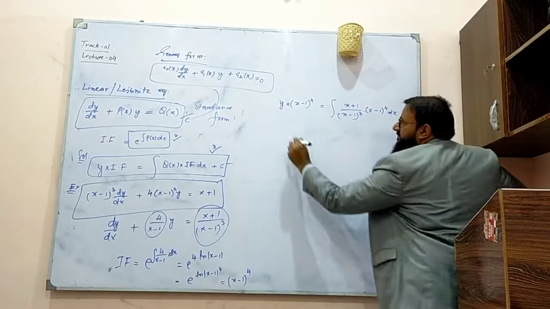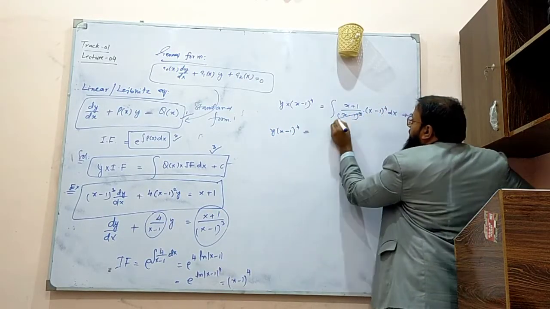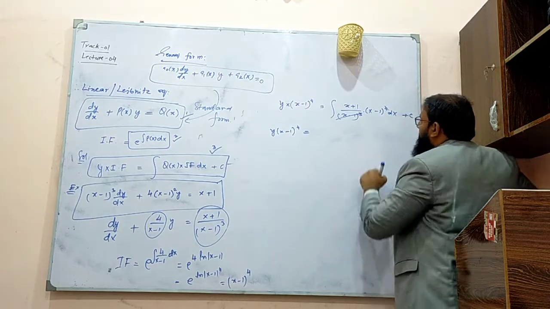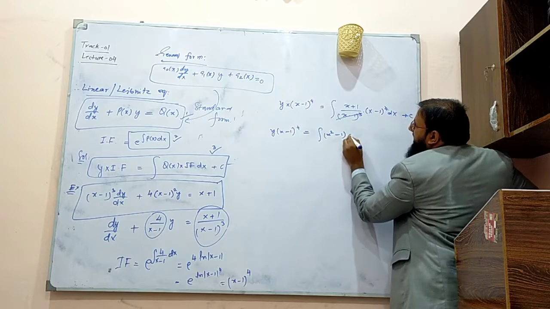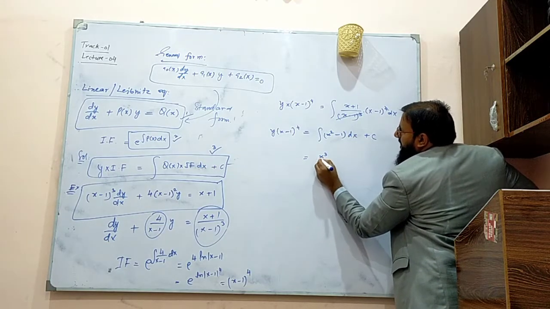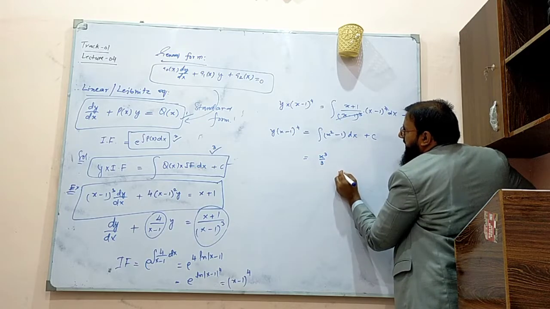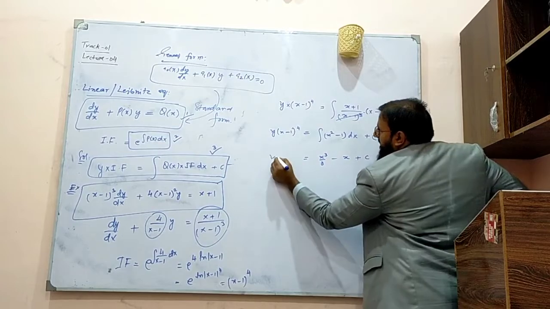Just solve these. So y times (x minus 1) whole power 4, you can see these are cancelled out, x squared minus 1, by applying the difference of two squares. Then this becomes x cube upon 3 minus x plus c.